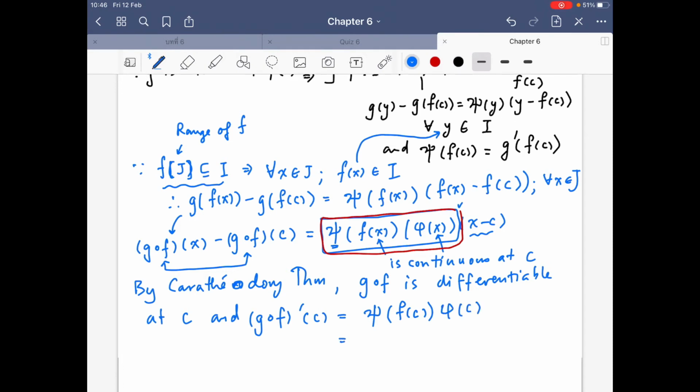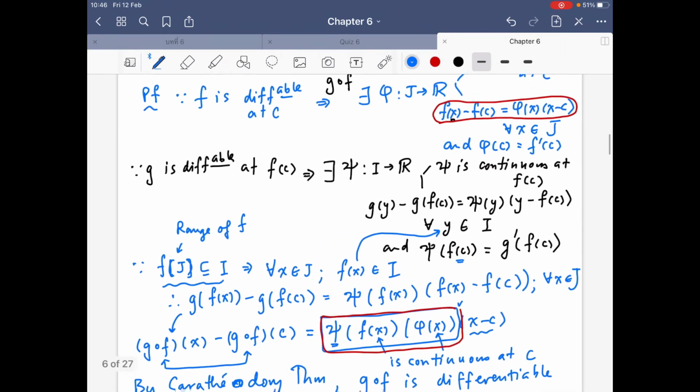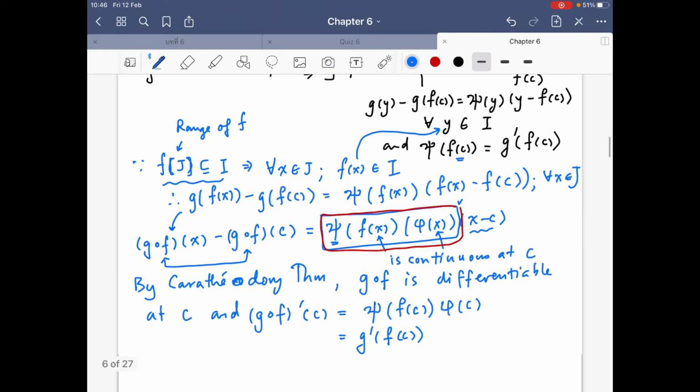As you replace x by c, you see psi of f at c is g prime at f(c), and phi at c is actually f prime at c.